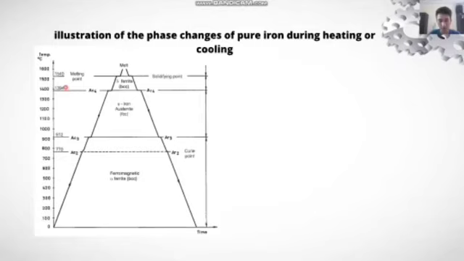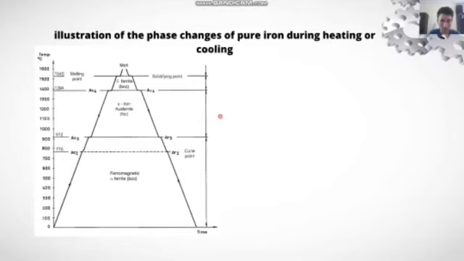This temperature marks the beginning of a transformation of the BCC delta iron into an FCC crystal phase called austenite or gamma iron. The temperature stays constant until the transformation is complete, that is, until all of the iron has an austenitic or FCC phase structure.